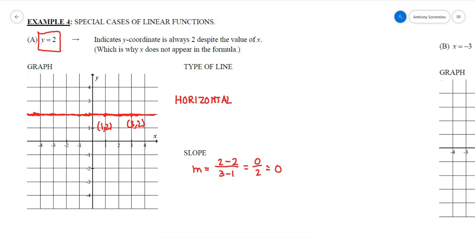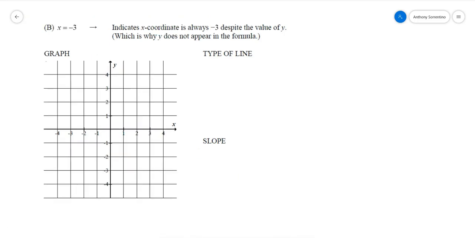What about a vertical line? Now, it doesn't take someone to be a genius for this one. If y equals a number is a horizontal line, then it kind of stands to reason that x equals some number is a vertical one. The reason is that this is saying the x coordinate is always negative 3. Since y is not appearing in this formula, y doesn't matter.